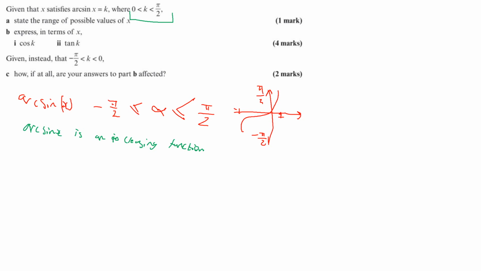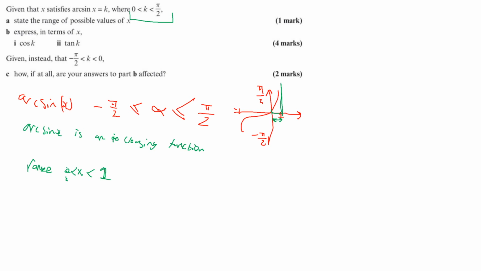I think I covered this in my differentiation series, which you can check out. And so because of that, and because it's going between 0 and pi over 2, that represents this value here, where the range is x is between 0 and 1. Yeah?